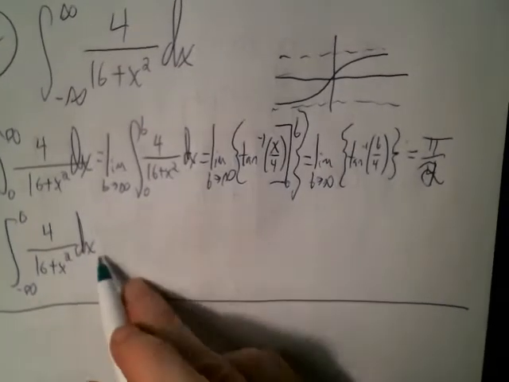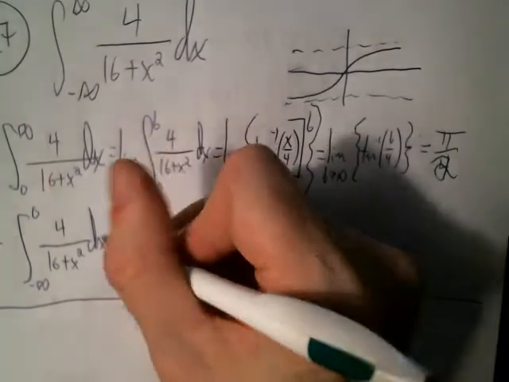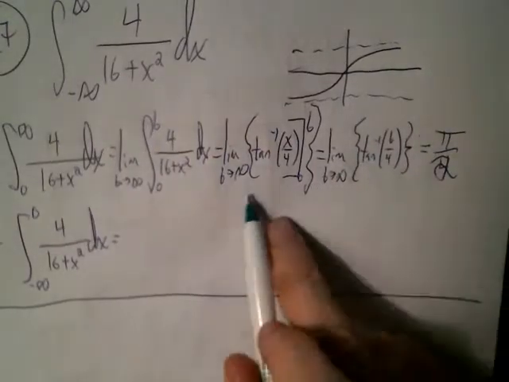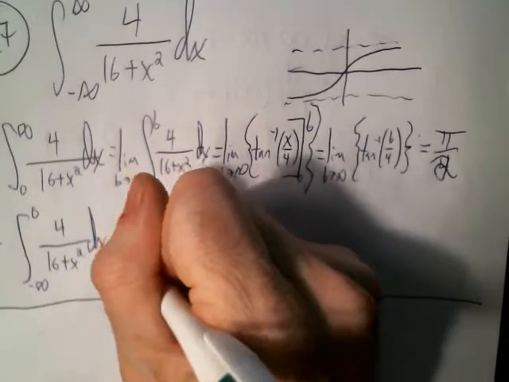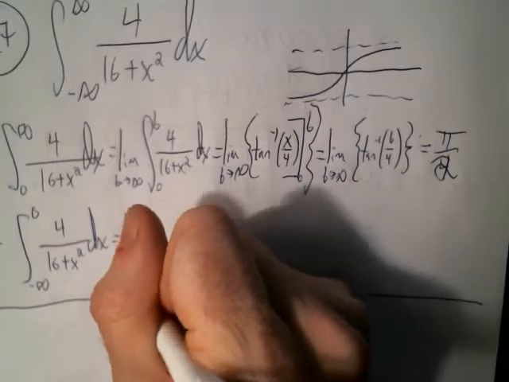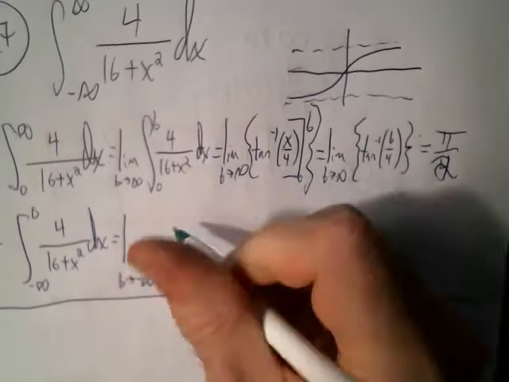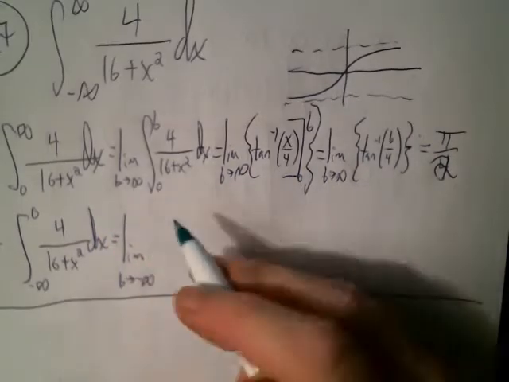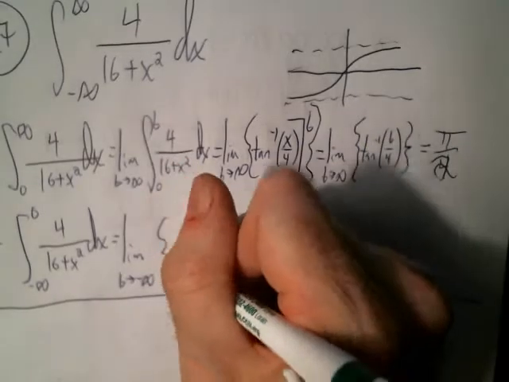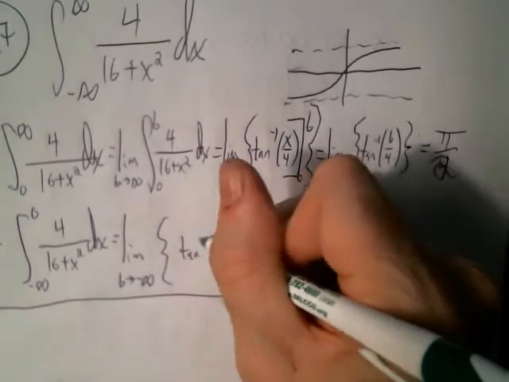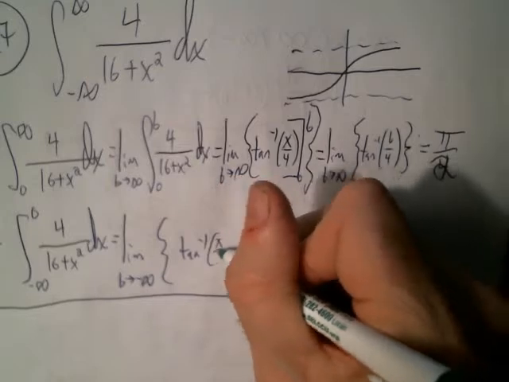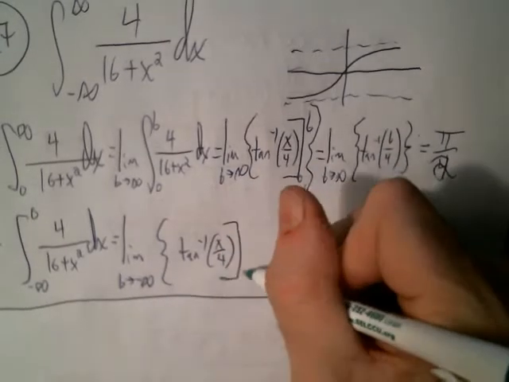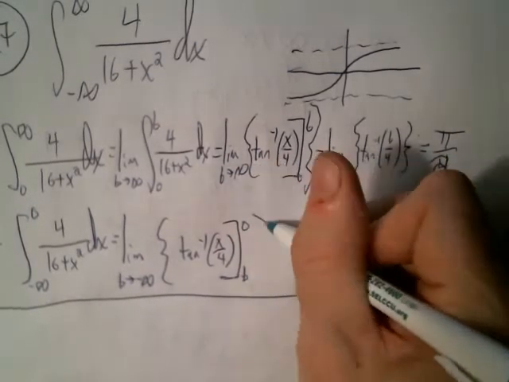I want to do the same thing with this character. I kind of already know its antiderivative, so I'm just going to skip to the chase, so to speak. This time the b value, of course, is going to negative infinity as opposed to infinity. And our integral then is tan inverse of x over 4, and we have to evaluate from b to 0.